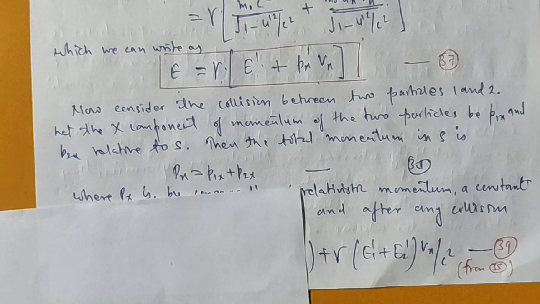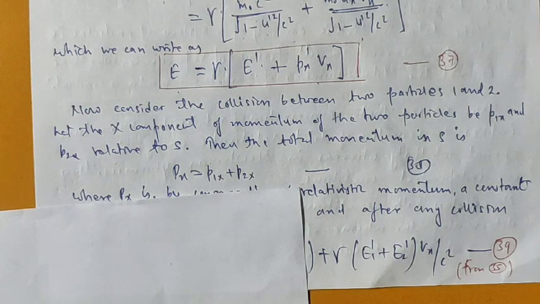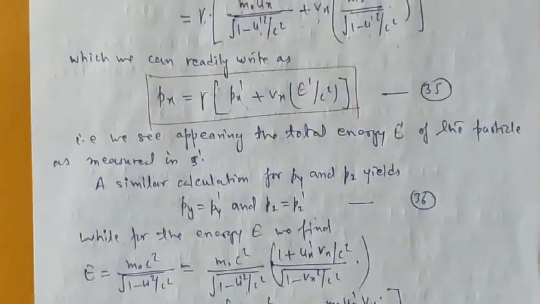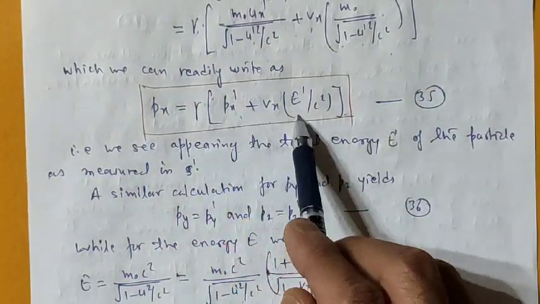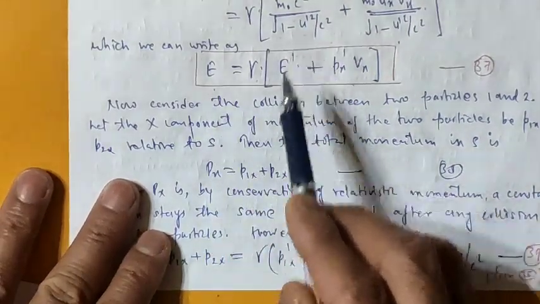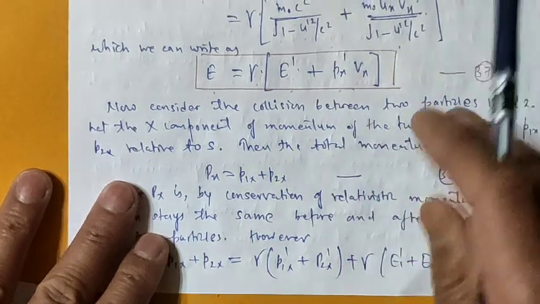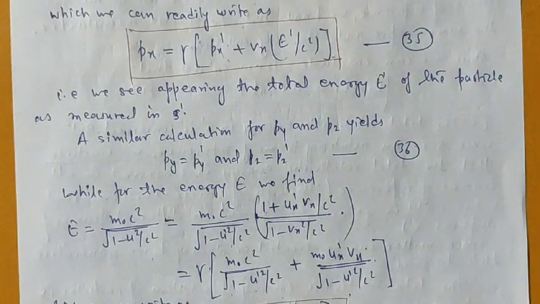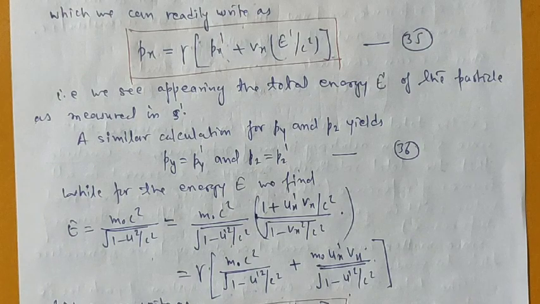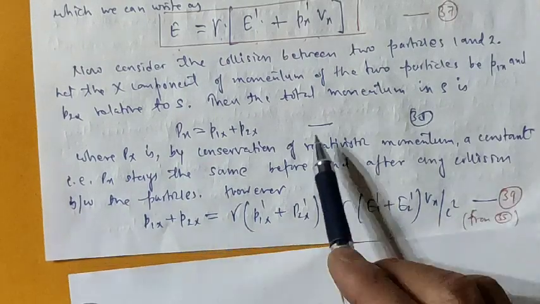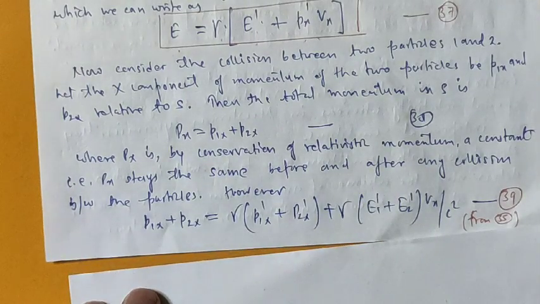Let the x component of the momentum of the two particles be p1x and p2x relative to S. Then the total momentum in S is defined by... So now we have these two relations, px in terms of px prime and E prime, and E in terms of E prime and px. If you look at these two relations, they are similar in mathematical form to the Lorentz transformations. Now we will be checking the momentum in a frame of reference S.